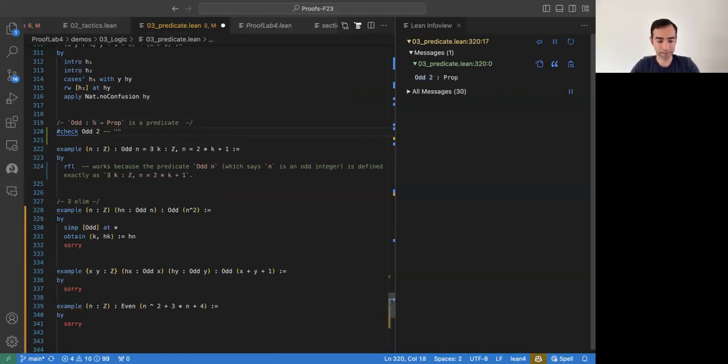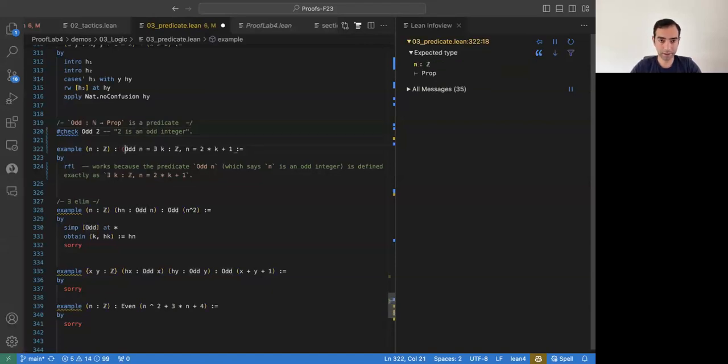It says 2 is odd, which is clearly false, but nonetheless it's a proposition. So odd n is going to be a proposition, and the rest of it is also going to be a proposition, right?